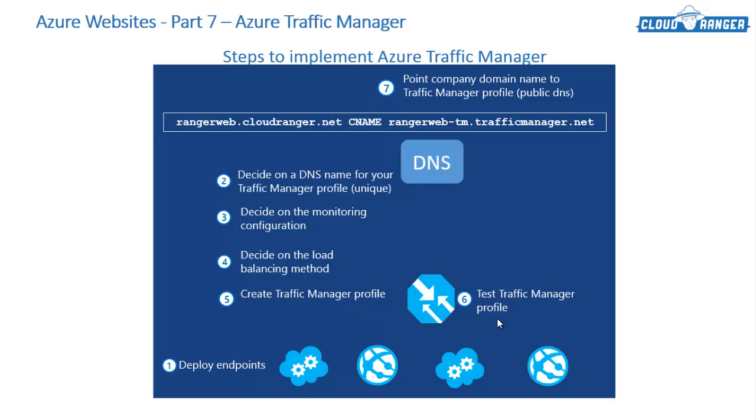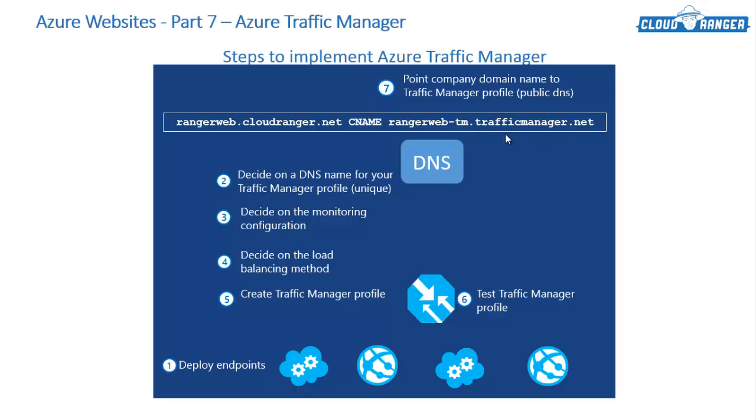Then you test the traffic manager profile, and I'll show you how to test that out. And after all of this is done, the main goal of the traffic manager is actually having your custom domain get to a website. I mean, you are not going to give this domain to your clients or your users, right?